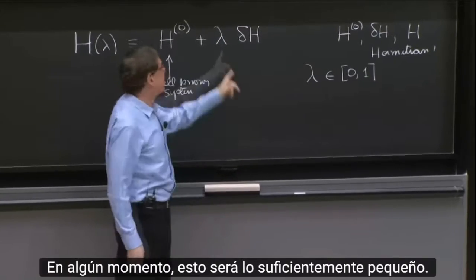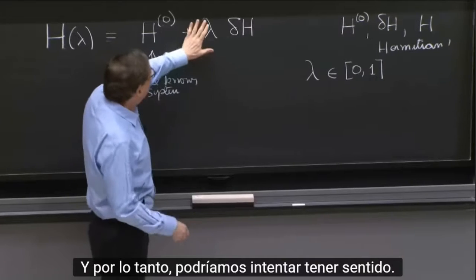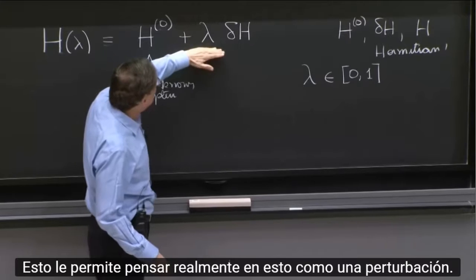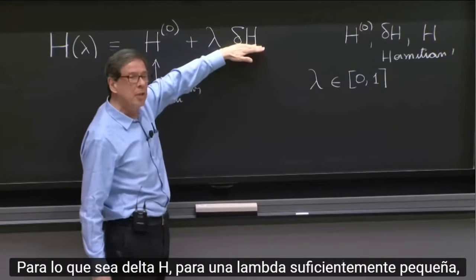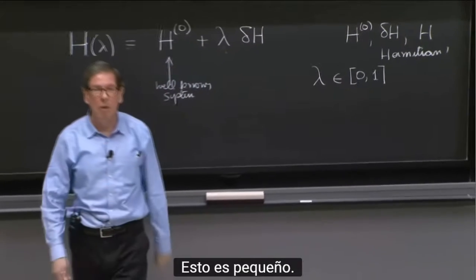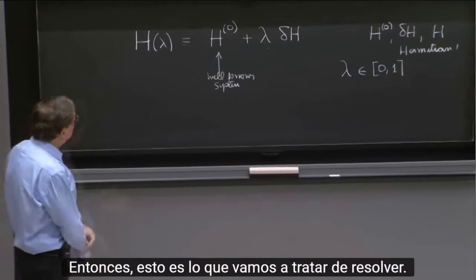At some point, this will be small enough. And therefore, we could try to make sense. This allows you to really think of this as a perturbation. For whatever delta H is, for sufficiently small lambda, this is small. So this is what we're going to try to solve.